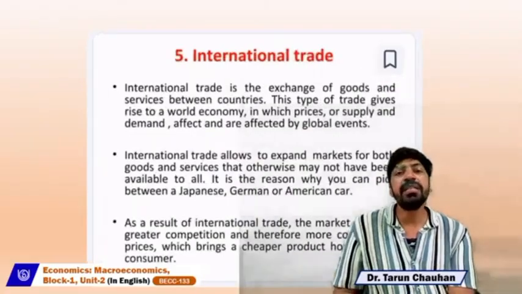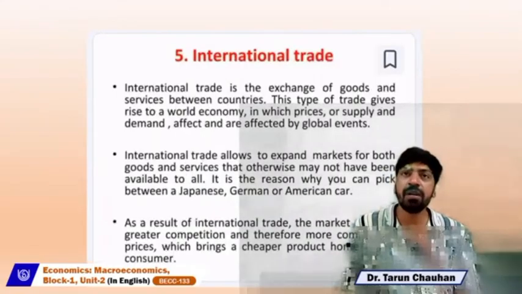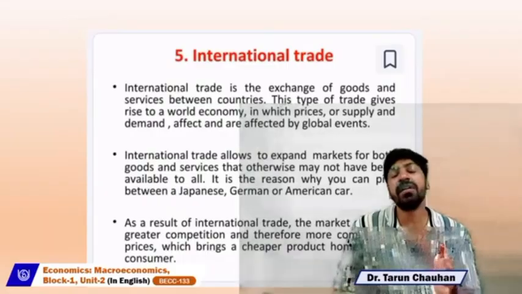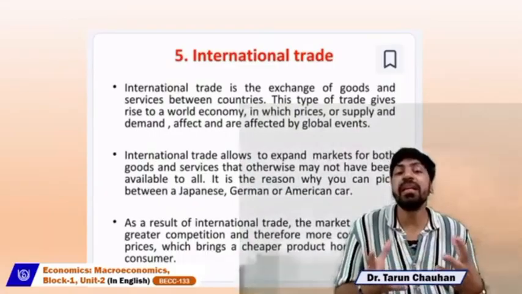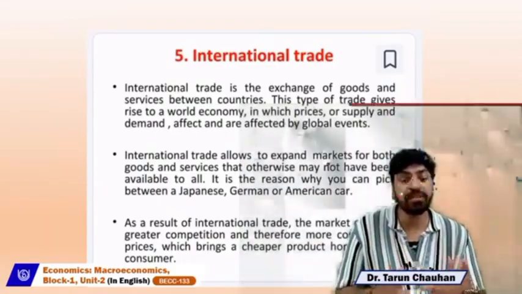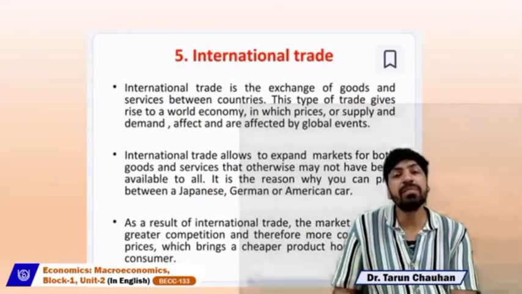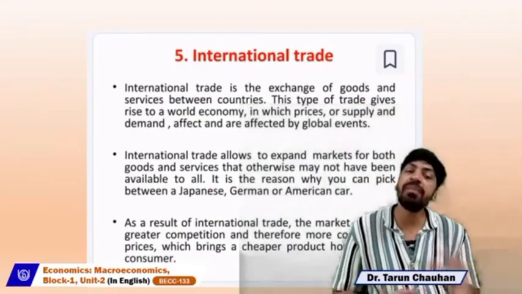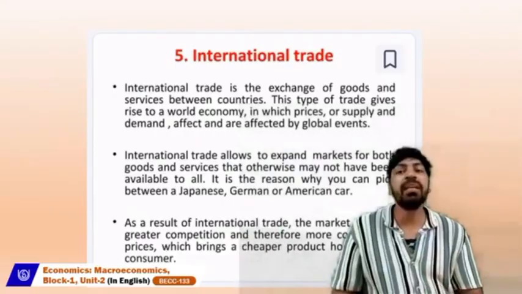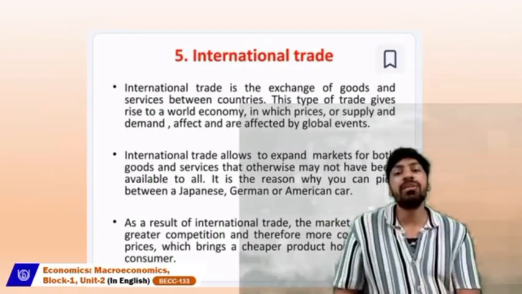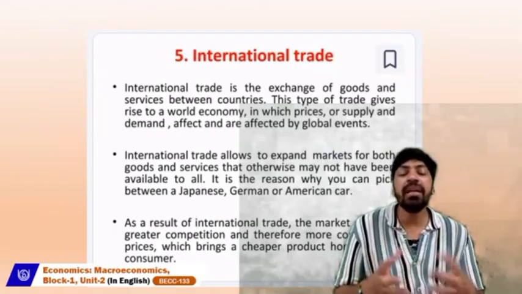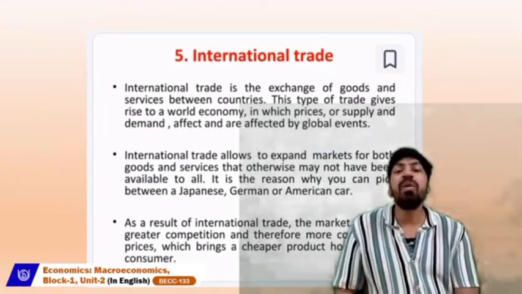The next one is international trade. When we talk about international trade, it doesn't deal only domestically, it also deals internationally. It's a process of exchange of goods and services between countries, and such trade will also increase the demand and supply in a world economy.